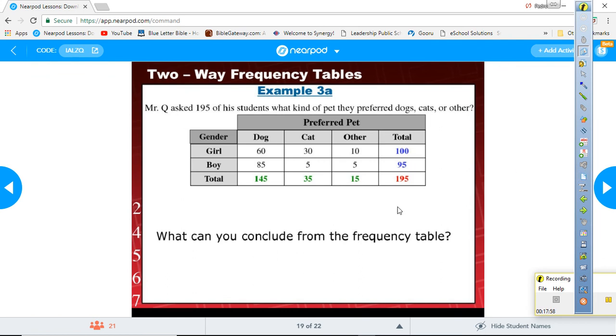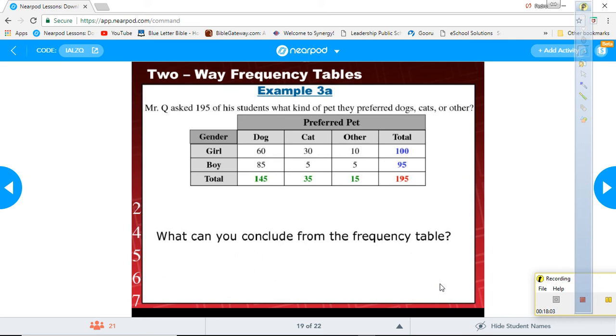Now, by looking at this, let's analyze and summarize. Look up, please. What can you conclude from the frequency table? Tell your neighbor, what can we conclude from this frequency table? All right, let's see, a statement or a sentence.